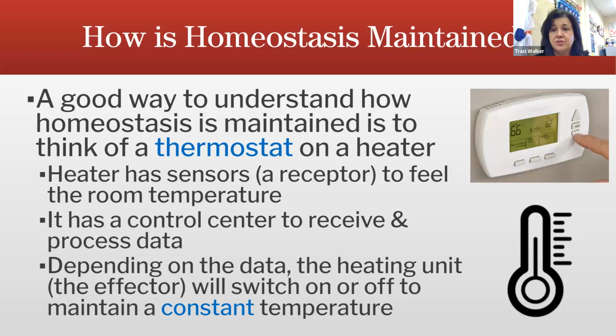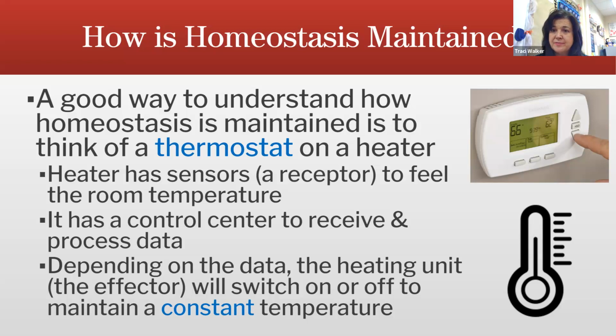And these sensors throughout your house detect that it is dropping down to 69 degrees in the house. And so the sensors send that information back to the control center, which is the thermostat. And they say it's below 70 degrees, it's 69 degrees. So the thermostat tells the unit to turn on.